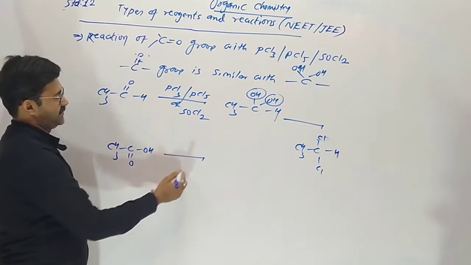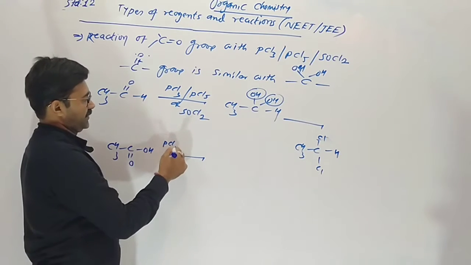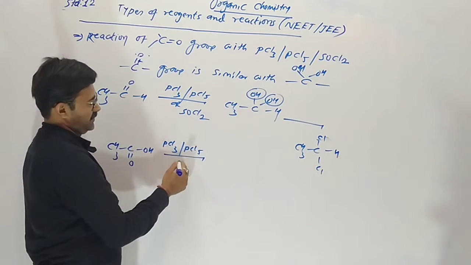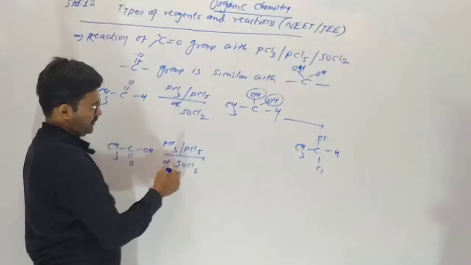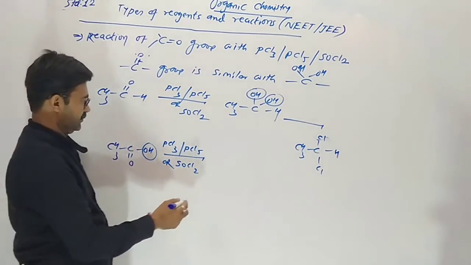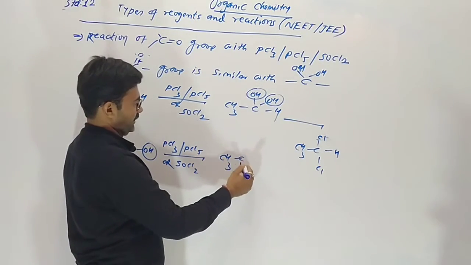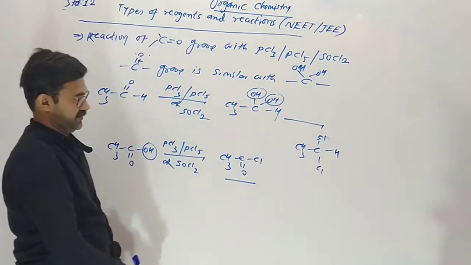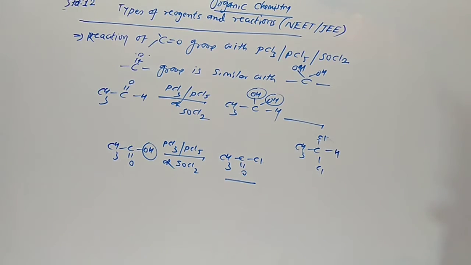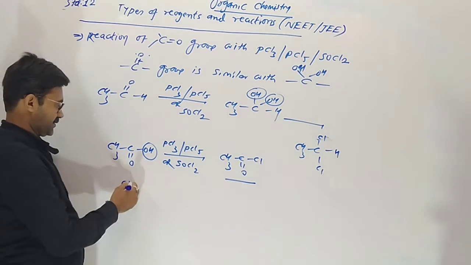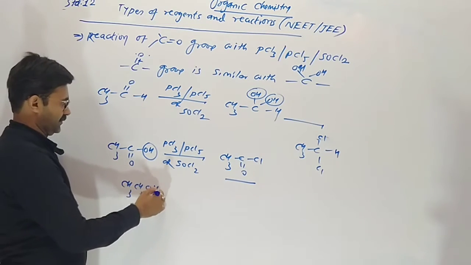It's similar with acetic acid. In acetic acid, when it reacts with PCl3, PCl5 or SOCl2, OH will be removed by chlorine and gives acetyl chloride, ethanoyl chloride. Now same reaction with ethanol.